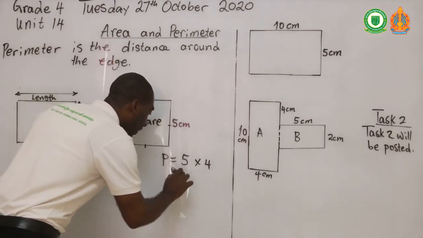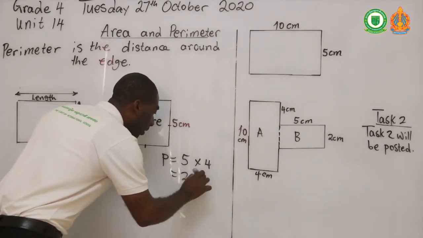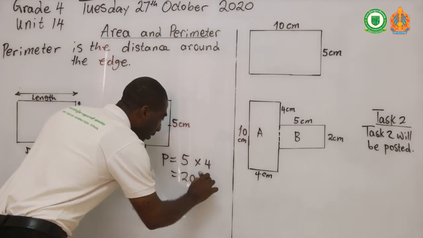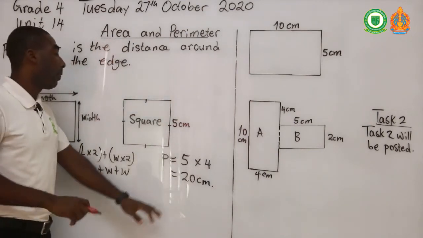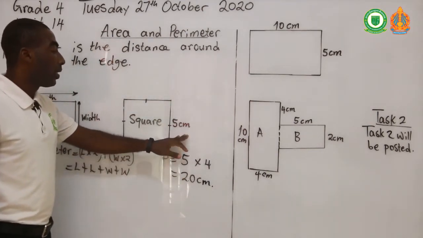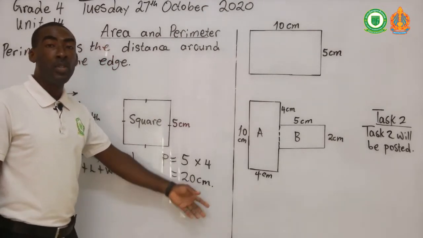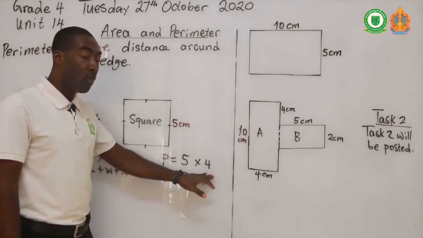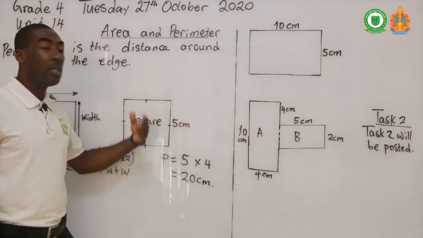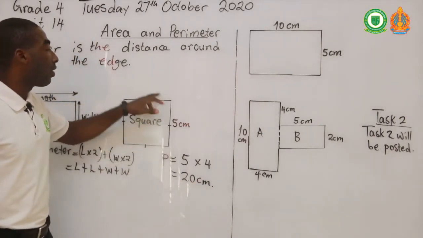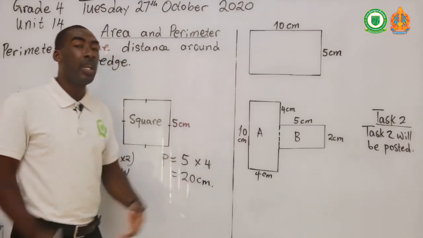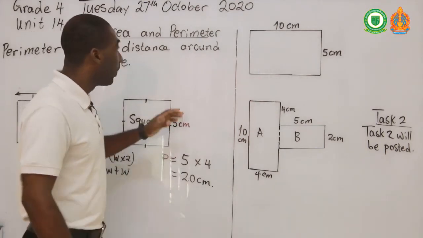And that is going to give us 20 centimeters, okay? In the case of the perimeter, we don't add the square here. We only write the units that we are dealing with. You don't put a square here because it's basically an addition. We are adding all the 4 sides to get our answer, okay?